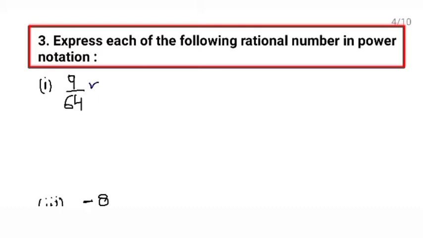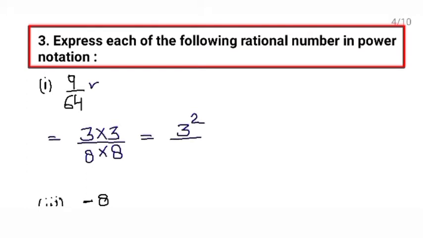Okay. So students, this 9 can be written as 3 multiply 3, 3 3s are 9. And this 64 can be written as 8 8s are 64. Okay. Now numerator is occurring 2 times, 3 is occurring 2 times. So this can be written as 3 raised to the power 2.